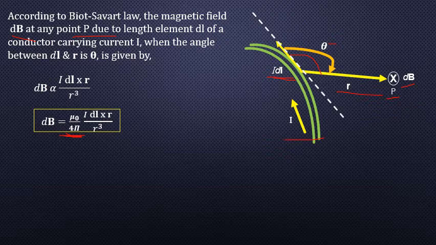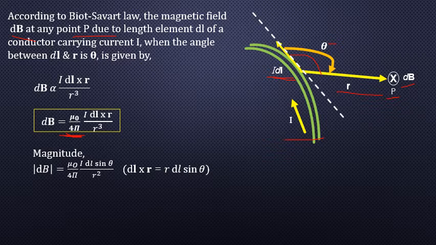When we solve it for the magnitude of dB, we write dL cross r as r dL sine theta, and in this situation r dL sine theta upon r cube. So one r gets cancelled out and only r square remains in the denominator, and hence we get this particular expression for our magnitude of magnetic field.